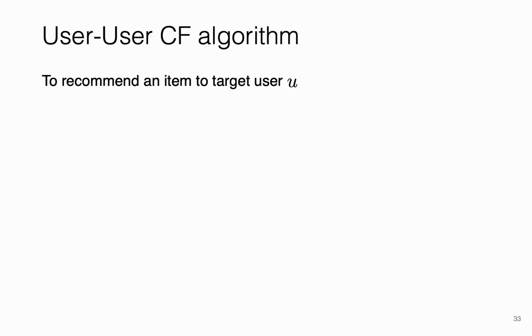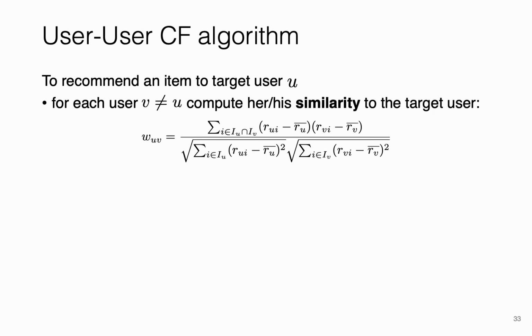This concludes everything about the user-to-user collaborative filtering. Let's see how we can make recommendations to a specific target user U. First, we need to compute the similarity of the target user to each other user using the PCC.